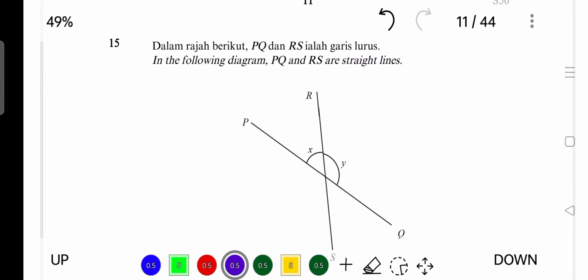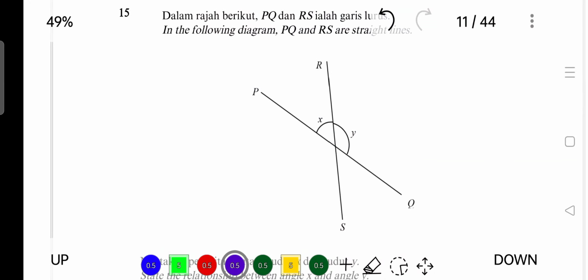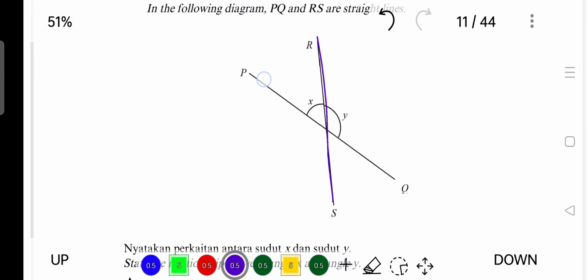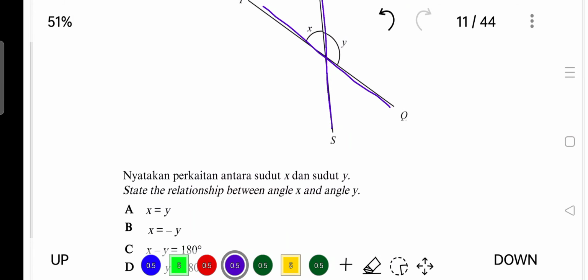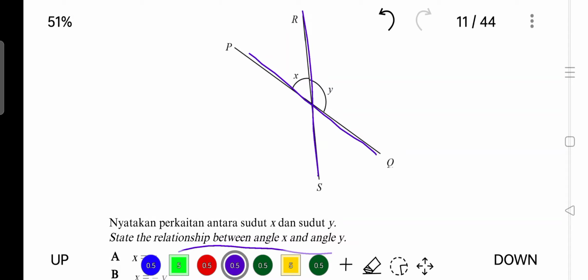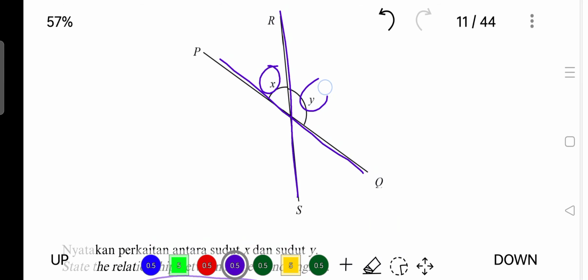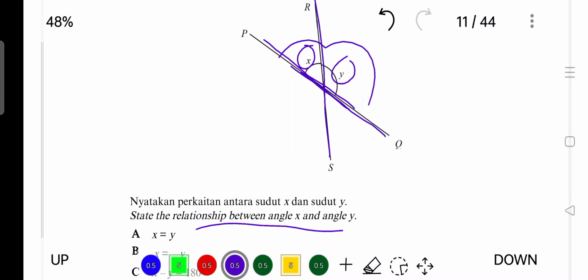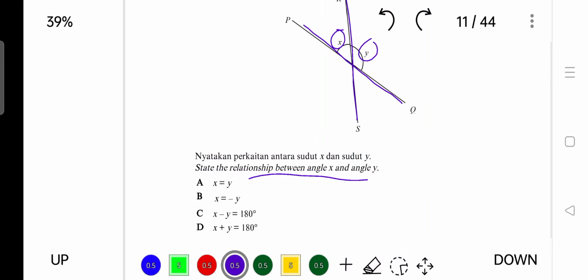Okay, in this following diagram, PQ and RS are straight lines. You can see, right? They are straight lines. Now state the relationship between angle X and angle Y. We have X over here, we have Y over here. You're just going to tell what they are. They are side by side, right? So is x equal to y? Or is x equal to negative y?